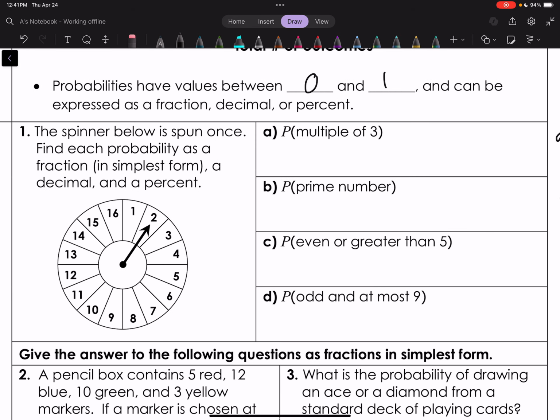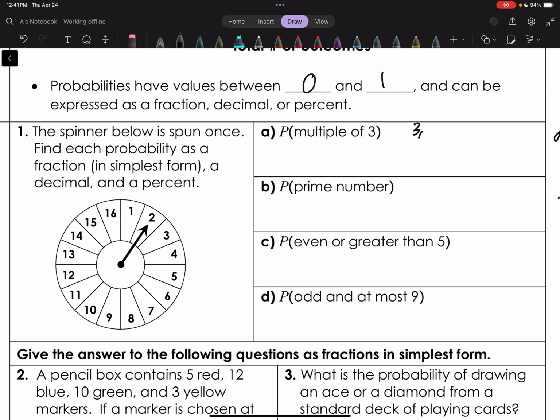The spinner below is spun once, and we're asked to find the probability as a fraction, as a decimal, and as a percent. So, P, the probability that the number will be a multiple of 3. On the spinner, we have 3 to 16, so we have the options 3, 6, 9, 12, 15. 5 different numbers would satisfy this probability.